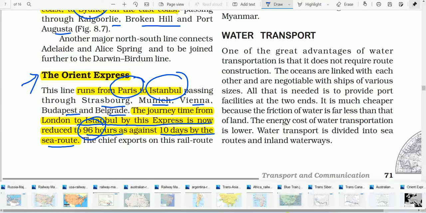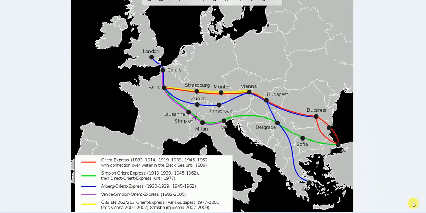And here we have a map showing the Orient Express. These are the different tracks. In the west, you are seeing London, then Calais in France. London and France are connected by the Eurotunnel. Then in the east, here we have Istanbul.